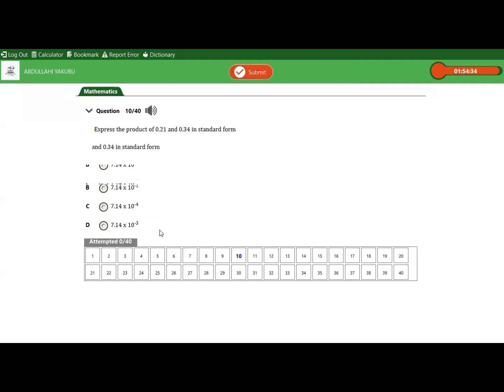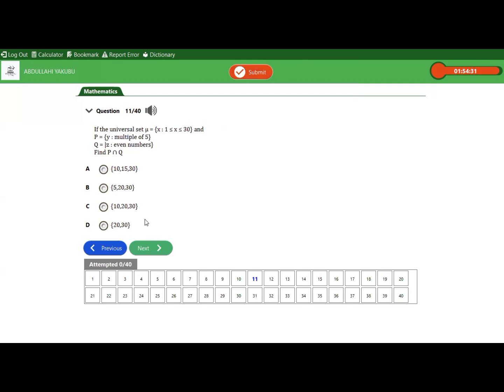So here's number 11. The question says, if the universal set is a set of x such that 1 is less than or equal to x less than or equal to 30, and another set P is a set of y such that y is a multiple of 5, and Q is a set of z such that z is even numbers.